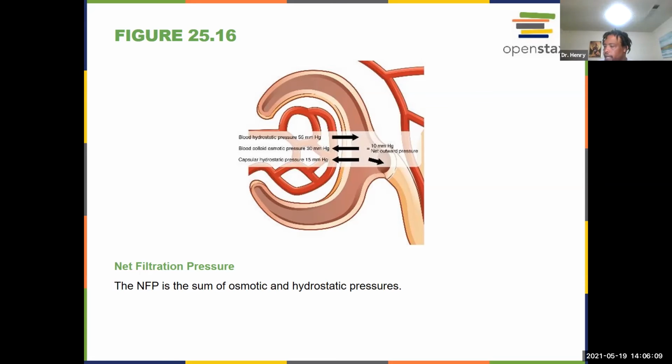When we think about our blood pressure, it is going to be a combination of 3 different types of pressure. We're going to be looking at what we call the NFP, or net filtration pressure. It's going to be the sum of the osmotic and the hydrostatic pressures.